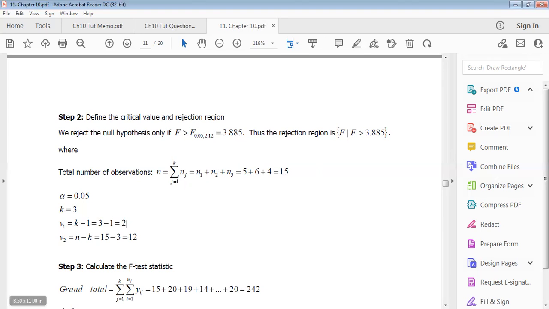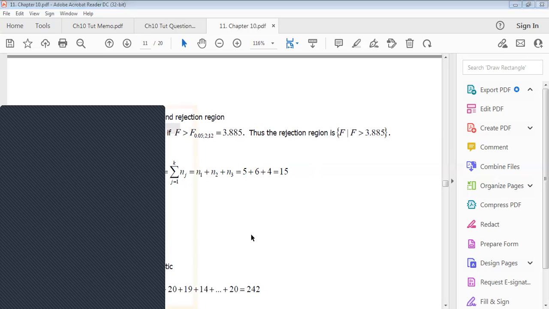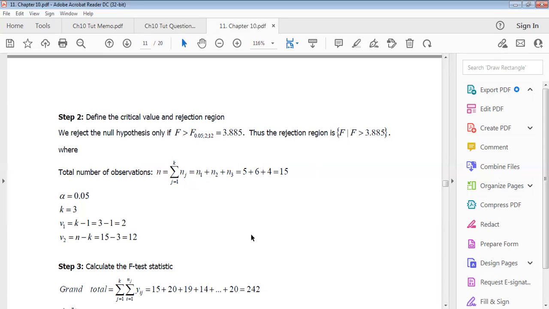Does anyone not know how to check the degrees of freedom on the F distribution? Can you please show it to us? Okay, I'm just going to send the F table on the chat.